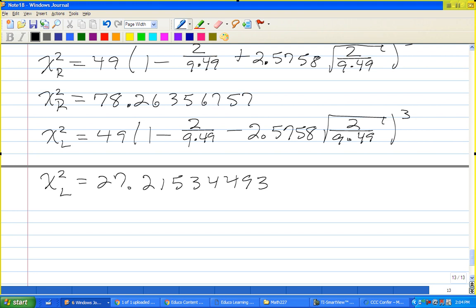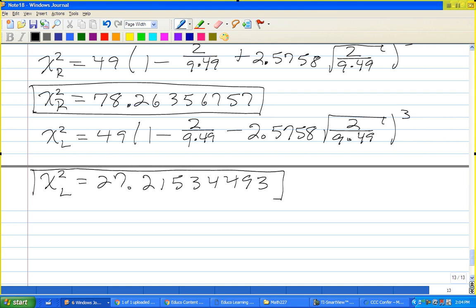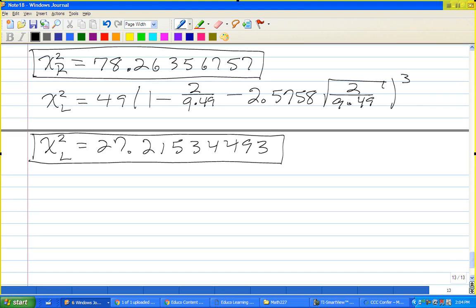And so I have that my confidence interval, so those are the right and left ones. For my confidence interval, I have nu s squared over chi-squared.